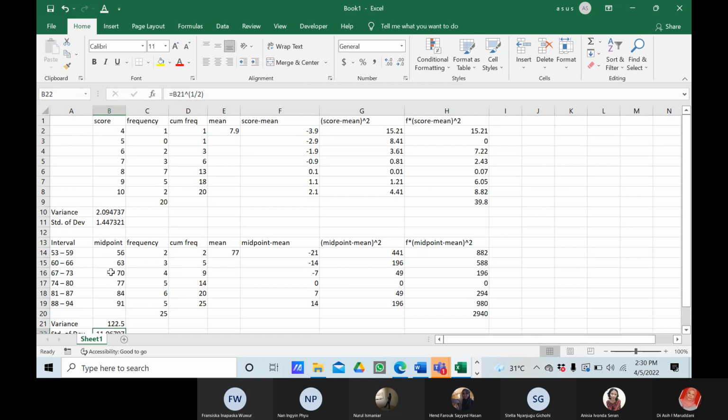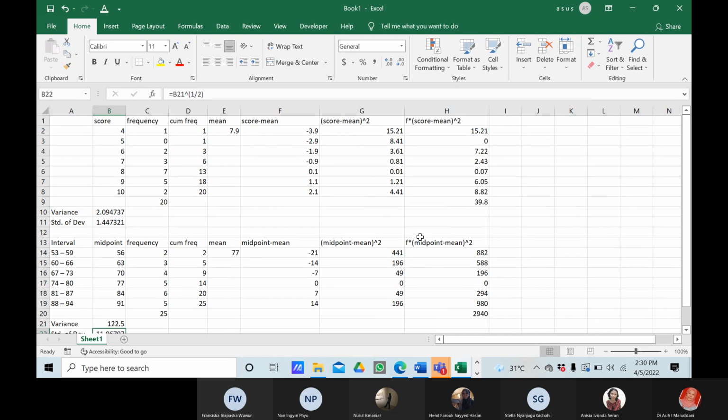The difference is just to find the midpoint of the interval, and the rest of the calculation will be the same as the first table.